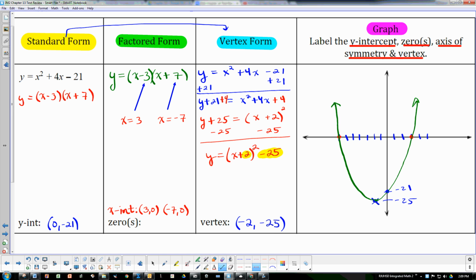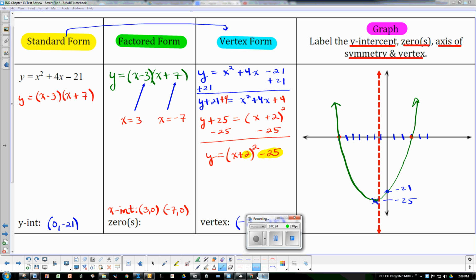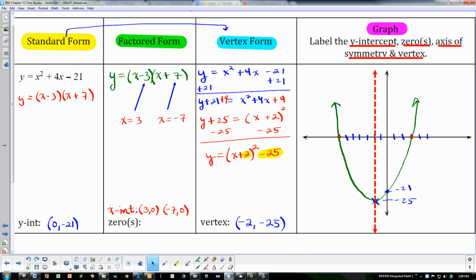I'm going to draw it in here. All right, let's move that slightly. It should be over about right here. Now that axis of symmetry is x is equal to negative 2. So there's your axis of symmetry. All right, that was starting in standard form.